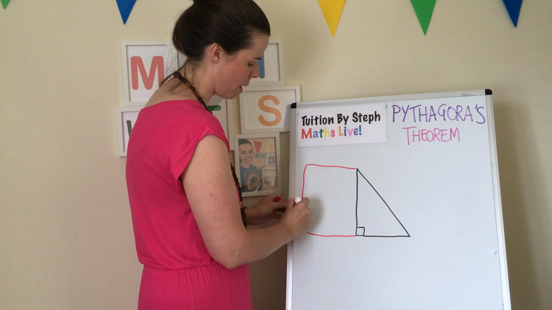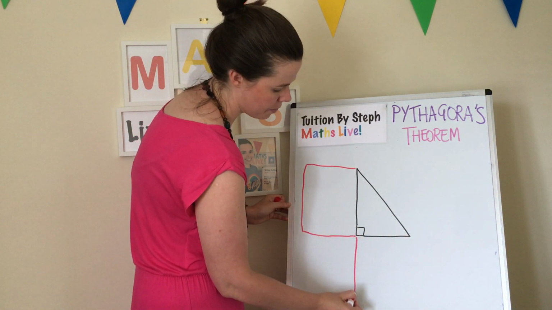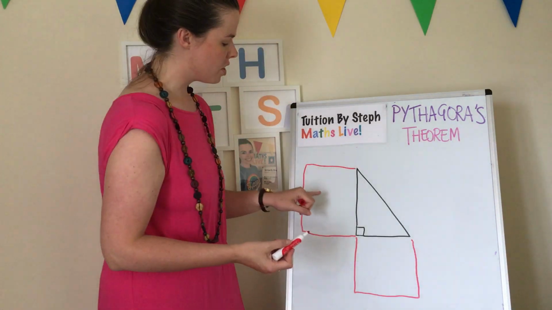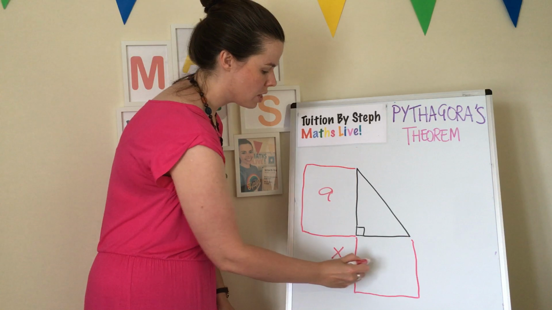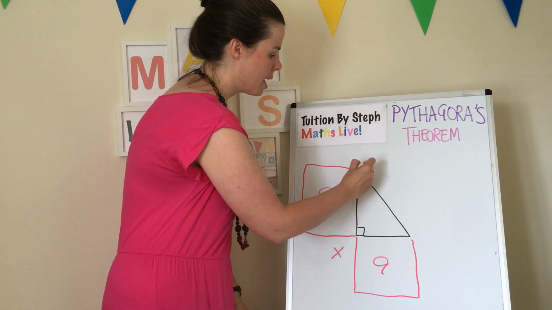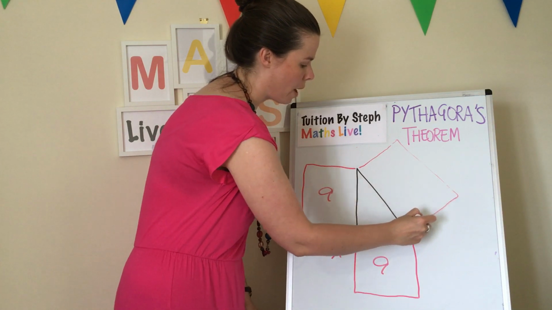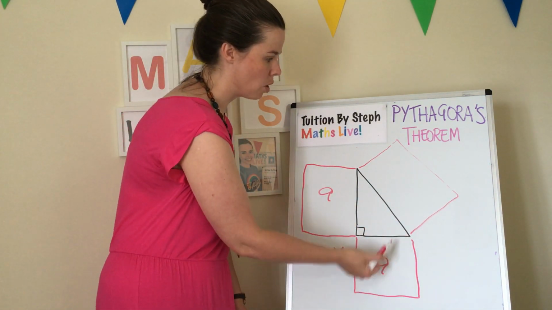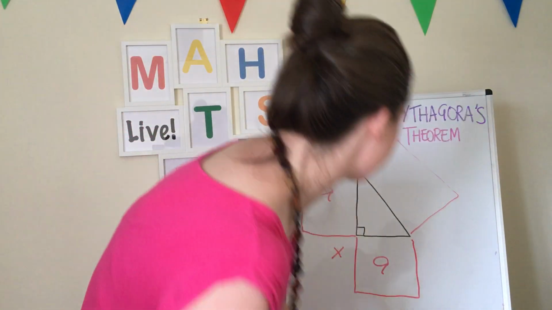So if you draw a square on this side, not a rectangle, and then you draw another square here, okay, they found that the area of this square plus the area of this square actually gave you the area of the square here. Okay, so this area plus this area automatically told you what this area was going to be.